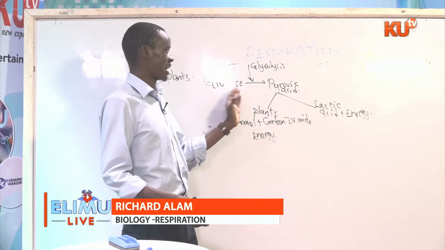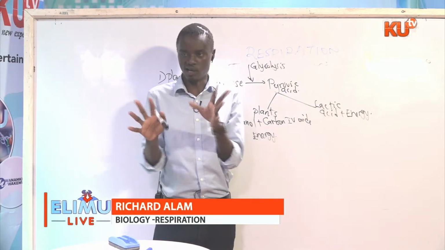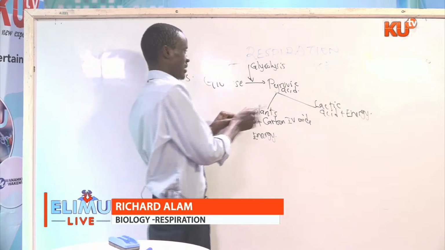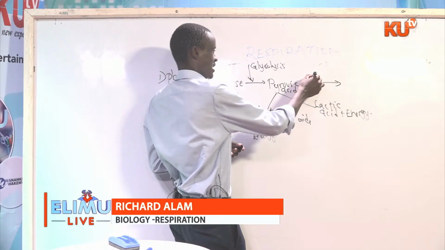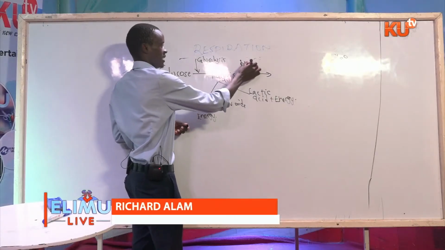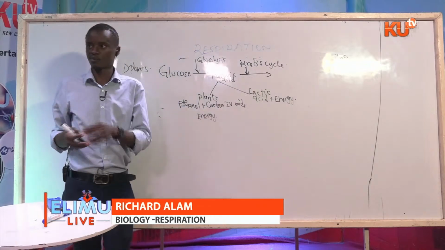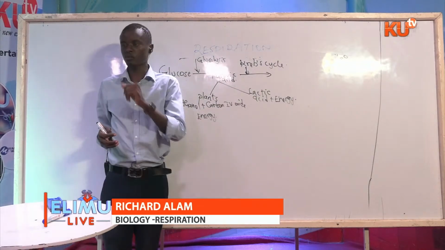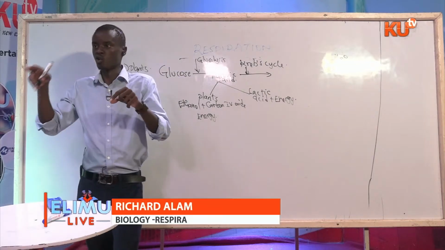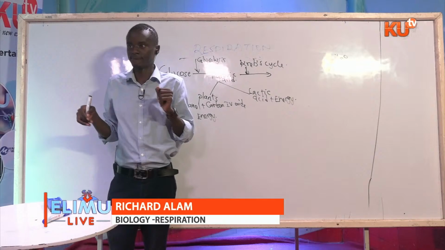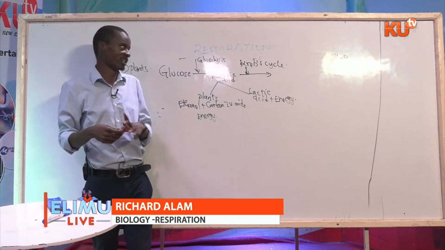Now, up to that concept, you have now understood what is glycolysis. Now, when oxygen is available during respiration, then pyruvic acid goes to another step, and the next step here is a Krebs cycle. Now, Krebs cycle is an enzyme-controlled reaction that occurs in the matrix of mitochondria.